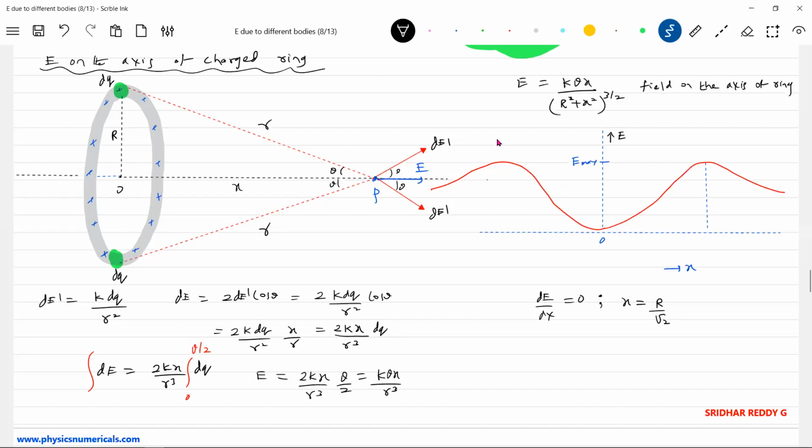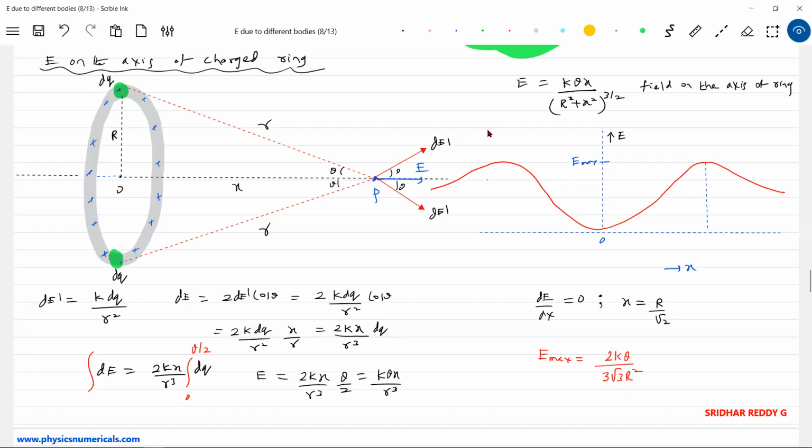And substitute the value, okay, yeah, R by root 2. Then that E max, if you substitute it, it will become 2kq by 3 root 3 R square. Please do remember, you check the mains exam, you do have questions based on this.